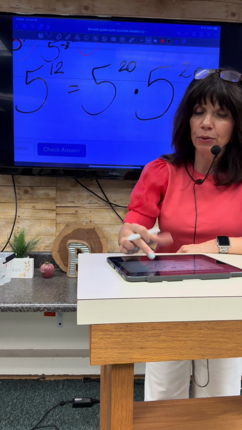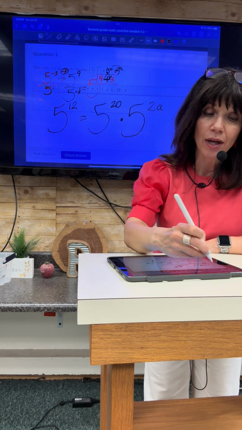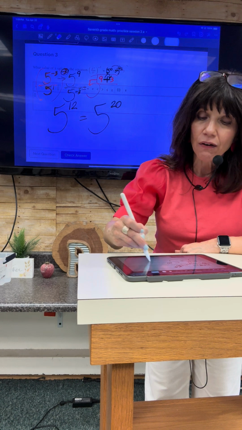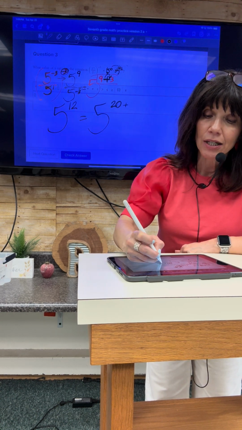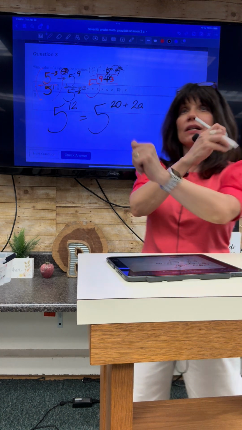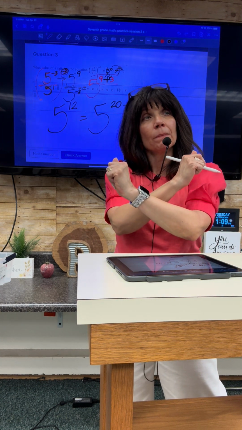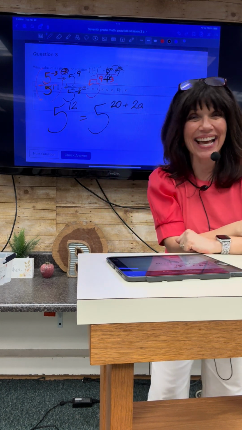So guys, please rewrite 5 to the 20th plus 2a. So 5 to the 20th plus 2a. Do you follow why I'm using a plus sign? Because the same base was being what? Multiplied. Now, are we allowed to add a negative?